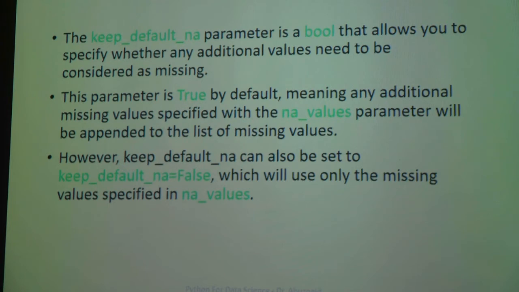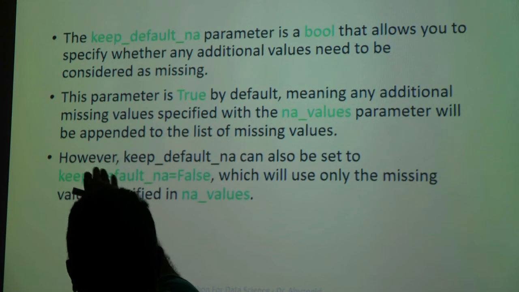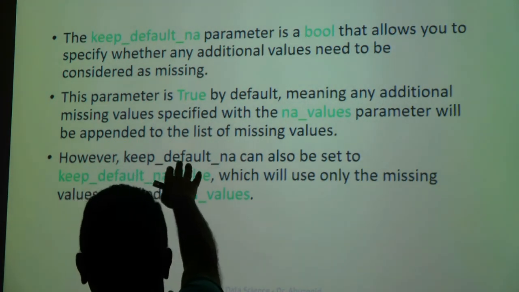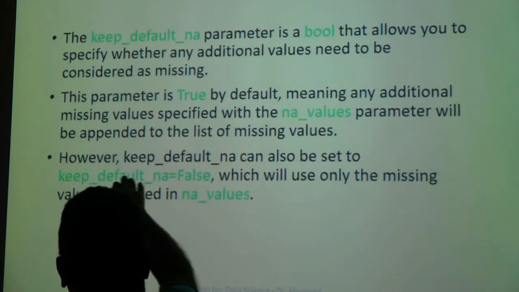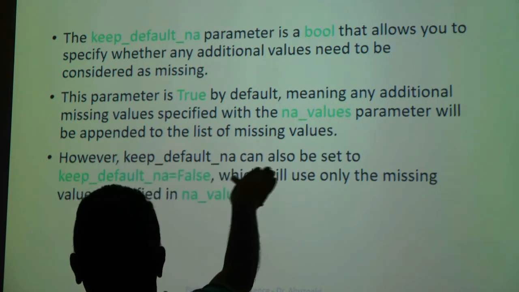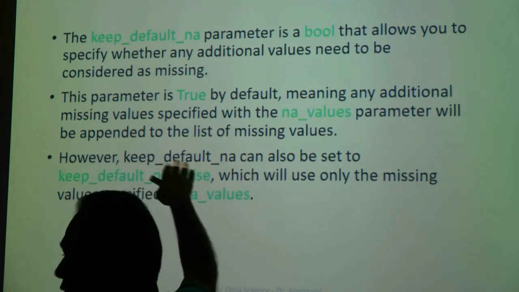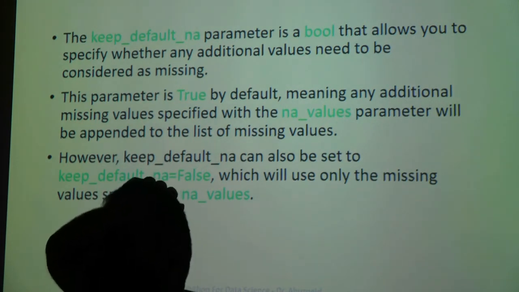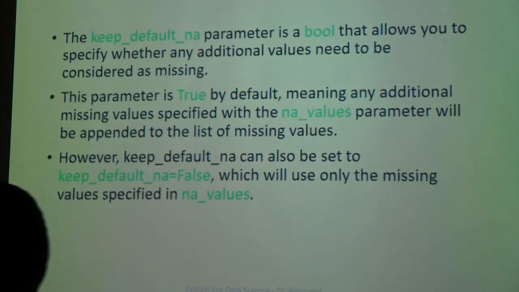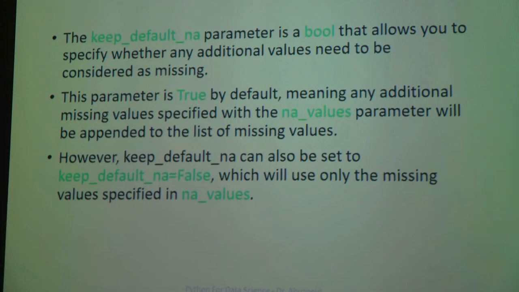Let's read in here. The keep_default_na parameter is Boolean. It allows you to specify whether the default values need to be considered as missing. So what we are trying to say is that you could add different values for missing data, but you have to make this True as well. It's like a switch.